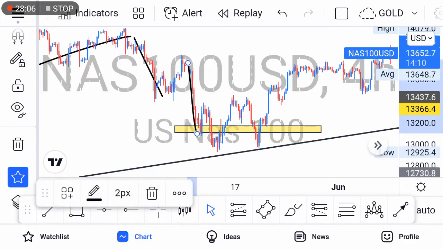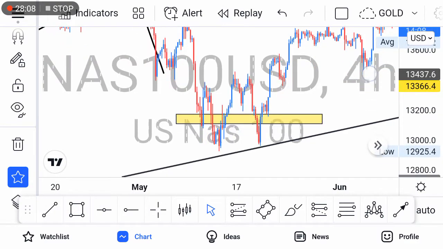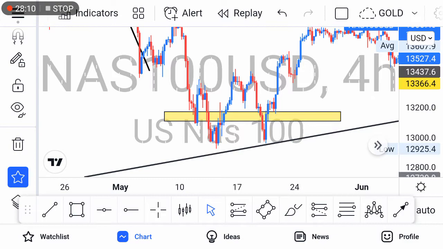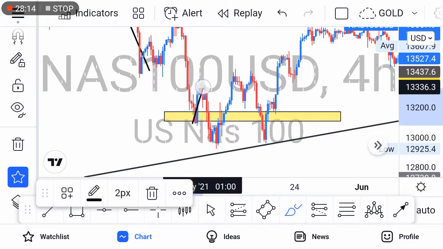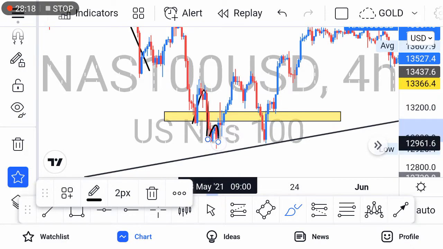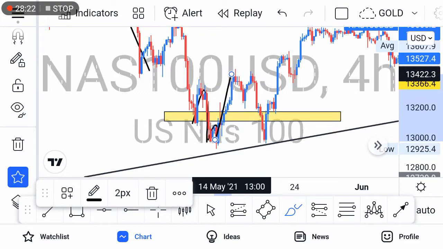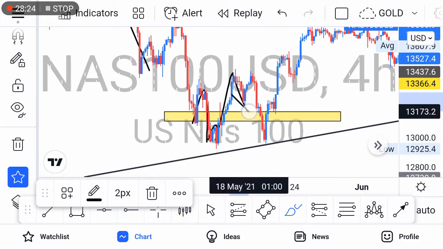This is our head, and remember, our head must give us on a 4 hour a double bottom before we can start shooting up and retest.